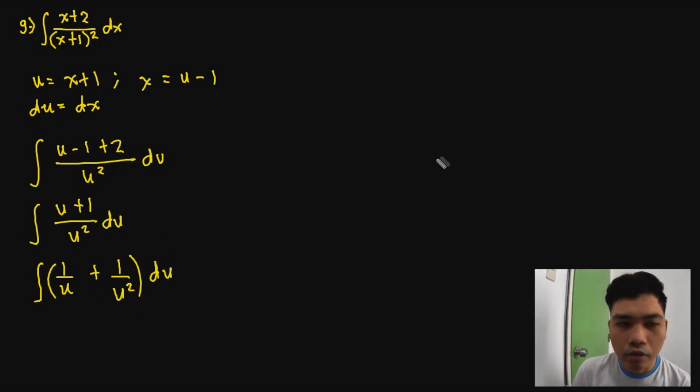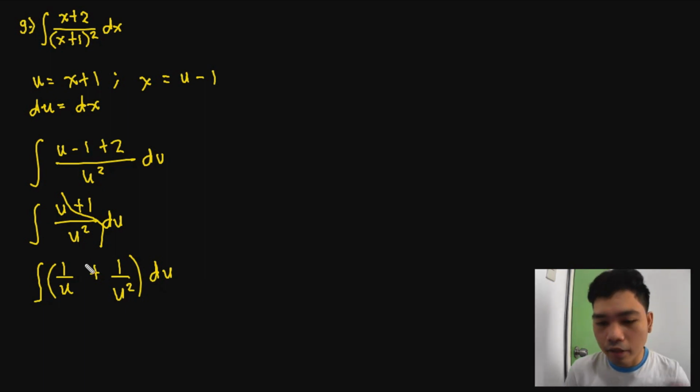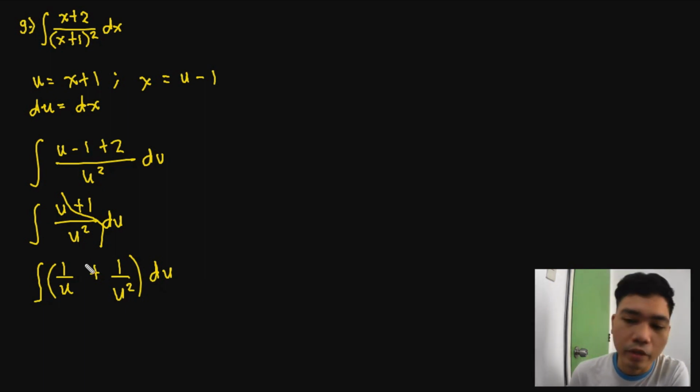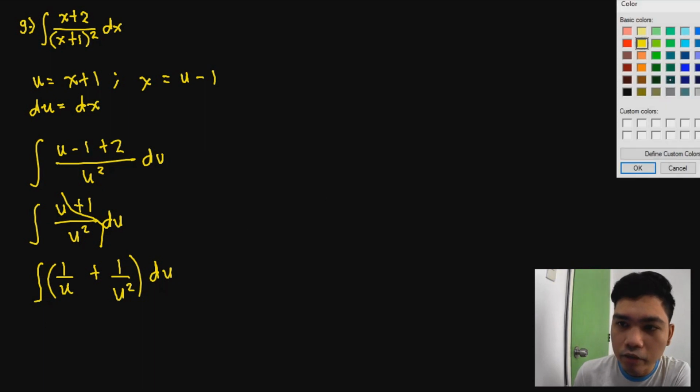Okay, so imagine having this line. So for the first one, you have u over u squared, which is 1 over u, and then the second one will be 1 over u squared. And now this can be integrated in a sense that they are already the fitting integrand that we know. So we can now integrate this. What we have here is du over u, so this becomes the natural logarithm of u.